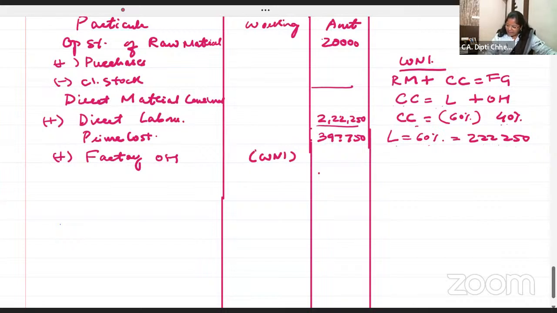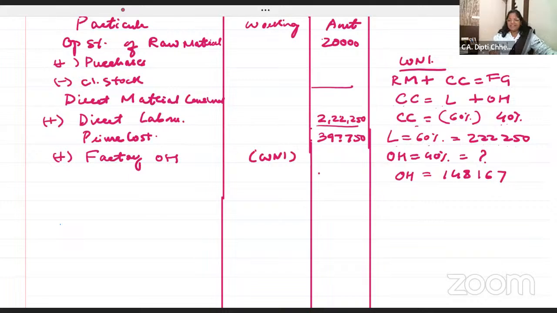So can I say factory overhead is 40%, 222,250 into 40 divided by 60. First of all, 100% is how much? Or directly you can do, 40% is how much? So overhead 40% is 148,167.